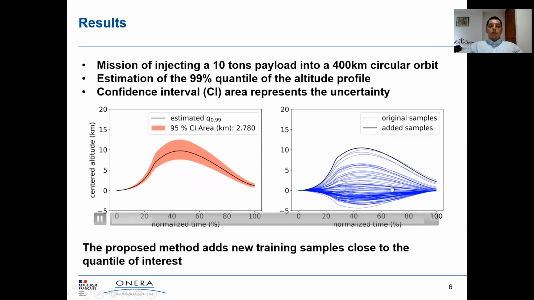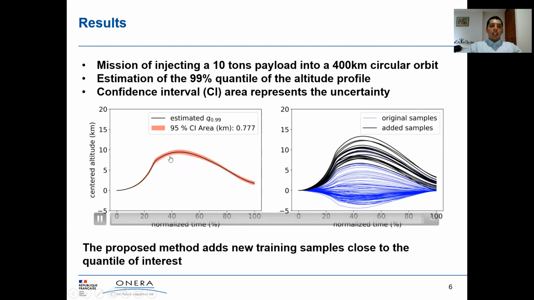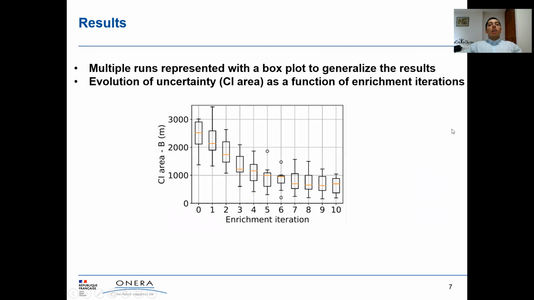You will see that when the active learning methodology starts working, it starts to identify and add the samples that are close to the quantile of interest and effectively reduces the confidence interval area, hence reducing uncertainty. So we performed the experiment multiple times with multiple runs, and we represent the results within a box plot to generalize the results.